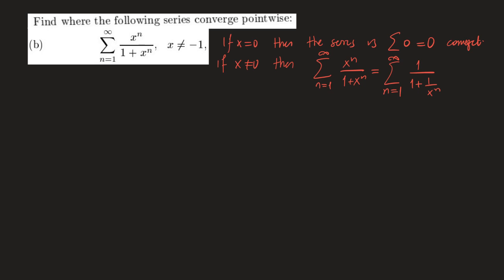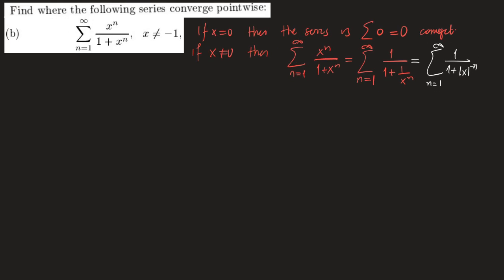So, okay, let me do it in this way. So this is equal to the sum to infinity of 1 over 1 plus x to the power minus n. Oh, okay.